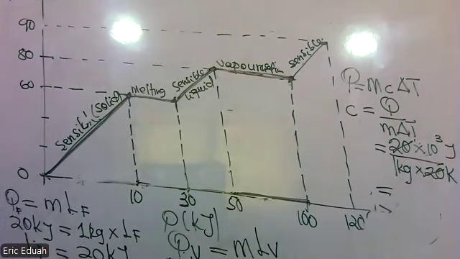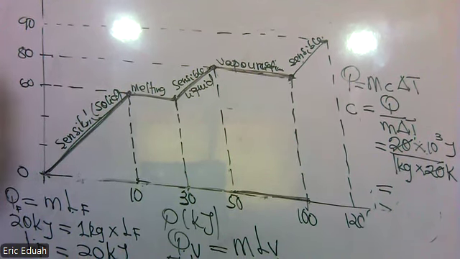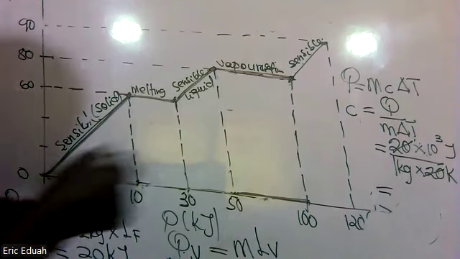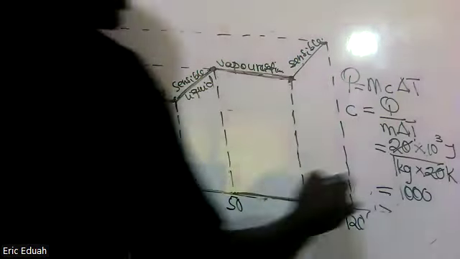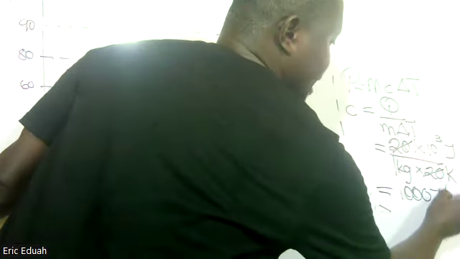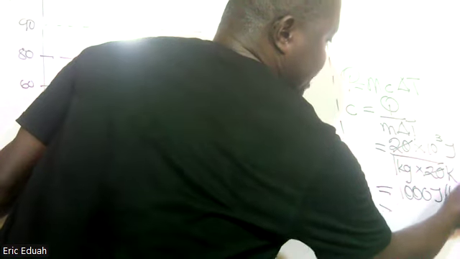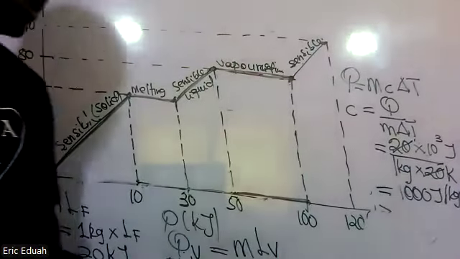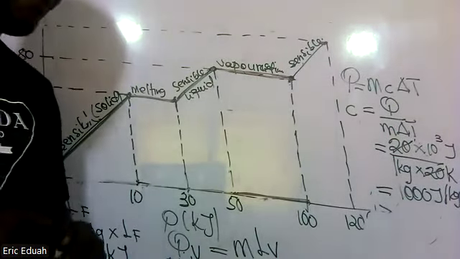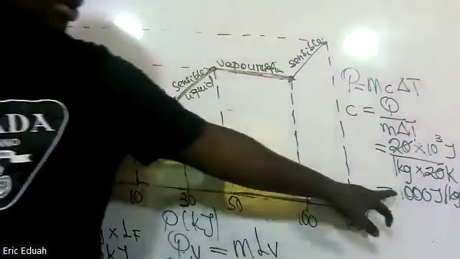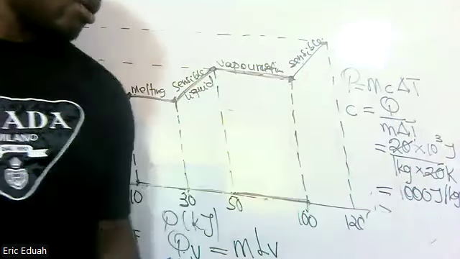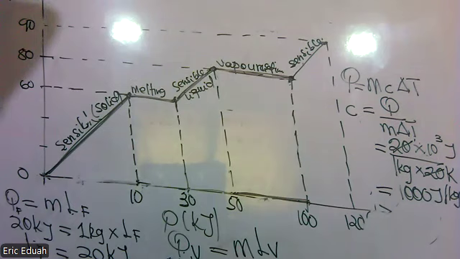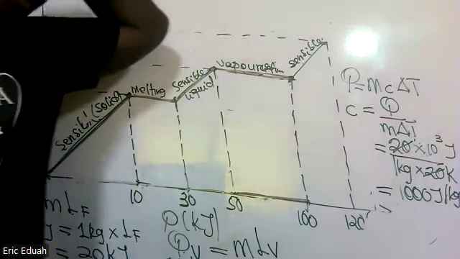And what will be the result? That will be 1,000 joules per kilogram per Kelvin or per degree Celsius. So the specific heat capacity of the material is 1,000 joules per kilogram per Kelvin, or you can express it in kilo. Please, any question?